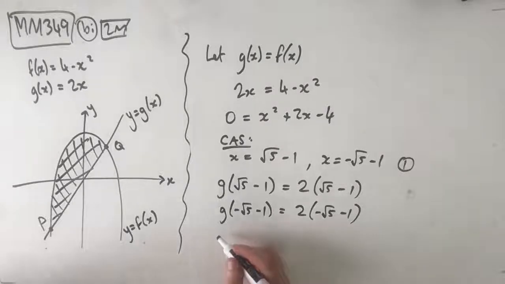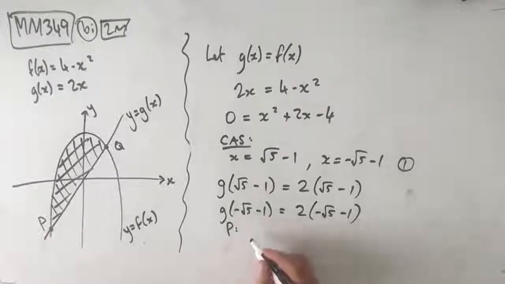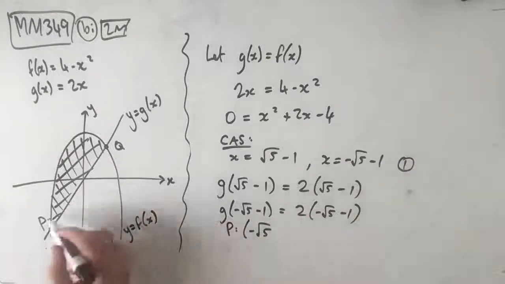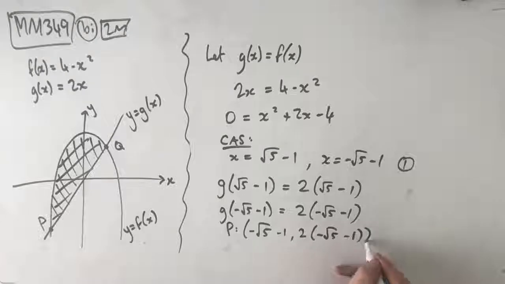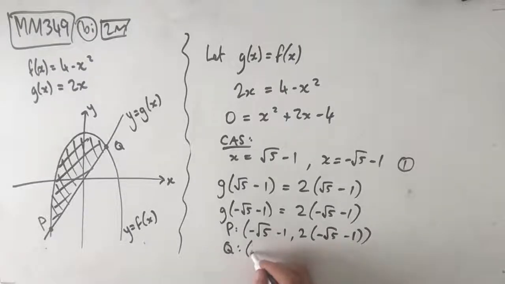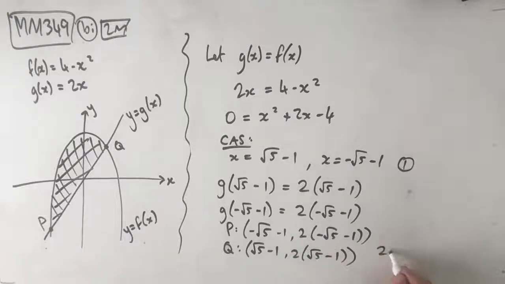Which means that our P coordinate is the lower value. So our negative root 5 minus 1 to negative root 5 minus 1. And our Q value is our positive one. So root 5 take 1 to root 5 take 1. And that's our second and final mark. So that's it for part BI.